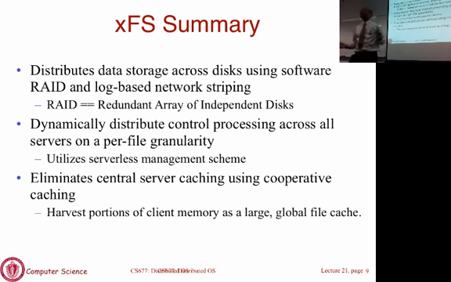In network striping, if you have a file with n blocks, the first block is stored on machine 1, the second block on machine 2, the third block on machine 3, and so on. So the file is chopped up into blocks, and blocks are spread across machines in the network. To access a single file, you will now access multiple machines and get the relevant portions of the file from those machines. This is referred to as network striping.